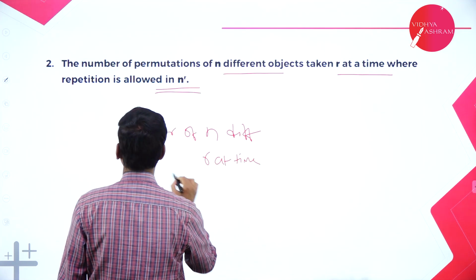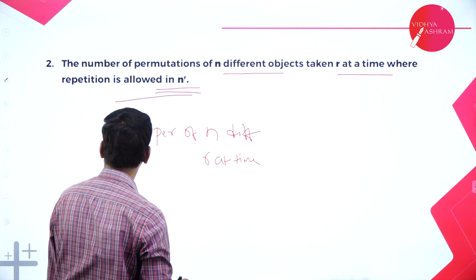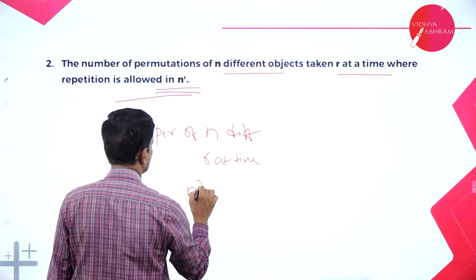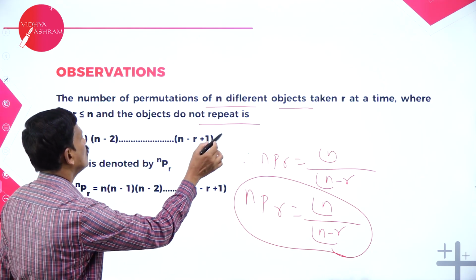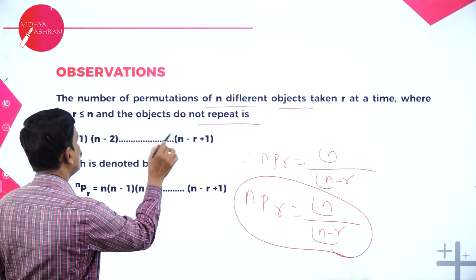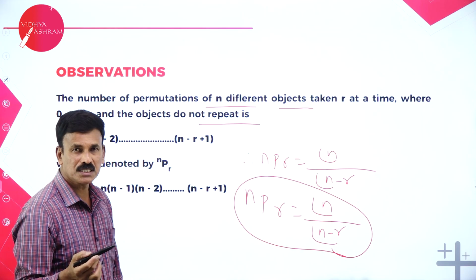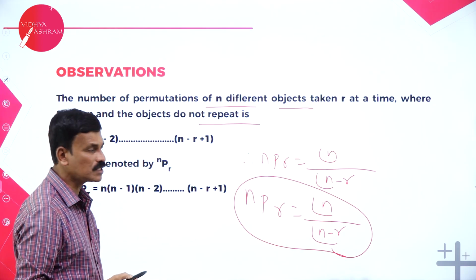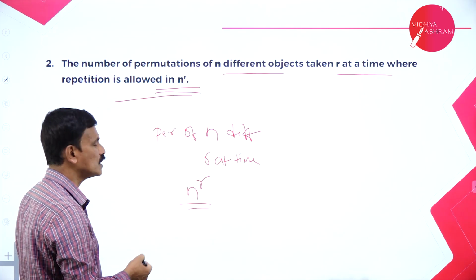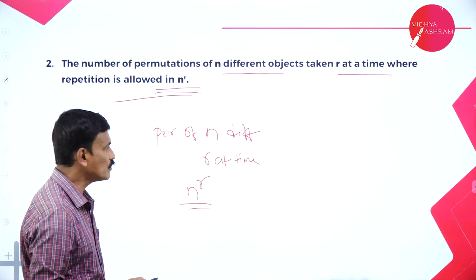With the first one, where the objects do not repeat, whenever repetition is not allowed, nPr is n factorial divided by n minus r factorial. If repetition is allowed, then it is equal to n to the power of r.